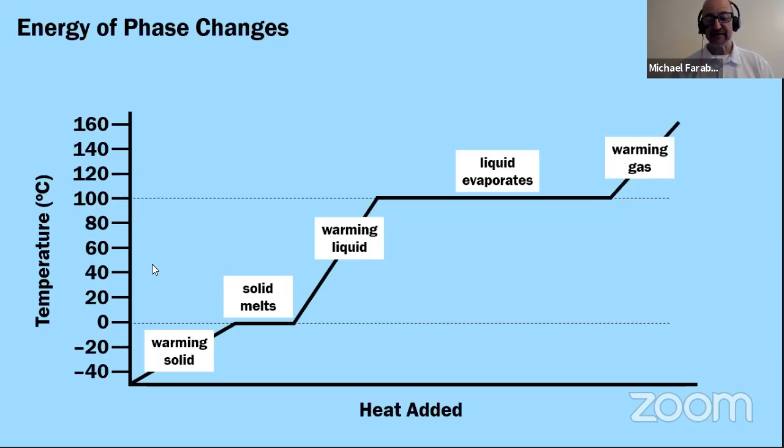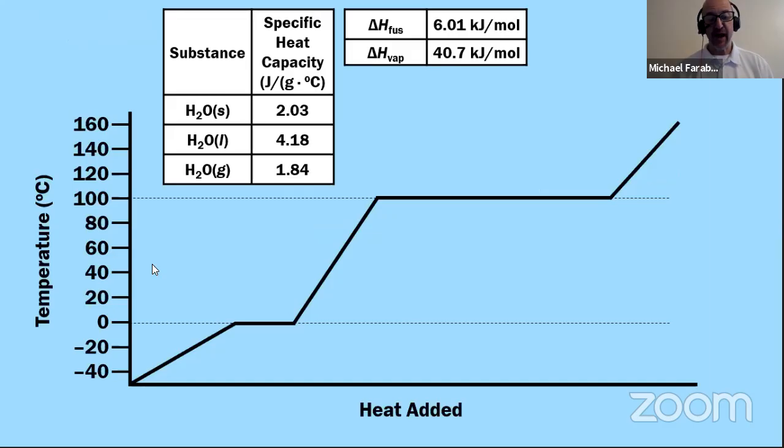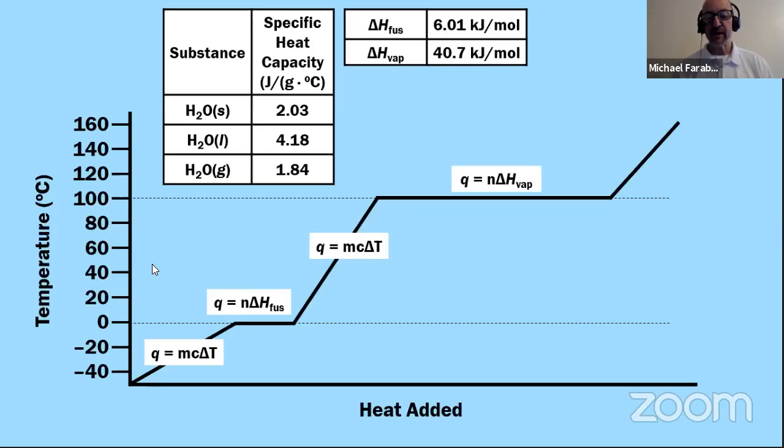You can see on this slide that we have different values for the specific heat capacity of water, whether it is a solid or a liquid or a gas. You'll also notice that when we do the enthalpy of fusion, that line segment is smaller than when we do the enthalpy of vaporization. So 40.7 is a larger number than 6.01.